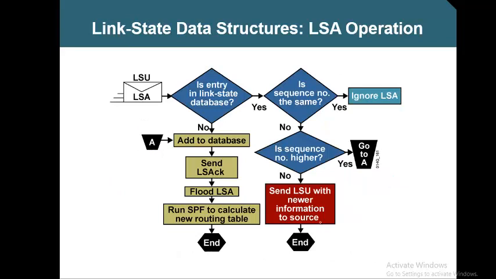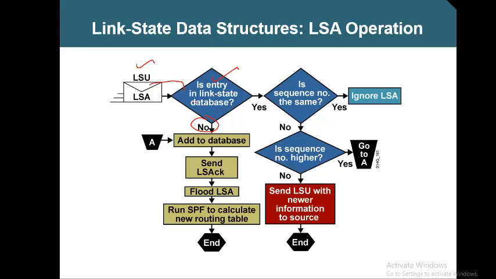Now, how is the database updated? Let's say a router is receiving an LSU, with a sequence number. First of all, the receiving router will check whether I have a database. There is a database, but there is nothing inside it. There is no data in the database, which means whatever comes in is the first update for this router.